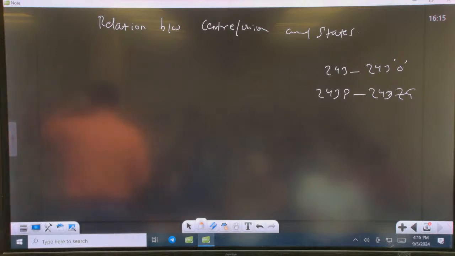We would have to make 244, 245, 246, 247. Getting my point? So as to not do this entire exercise, not to waste time, we branched out article 243 itself. 243, 243A, 243B, 243C up till 243O, then 243P to Z, then 243ZA, ZB up to ZG.